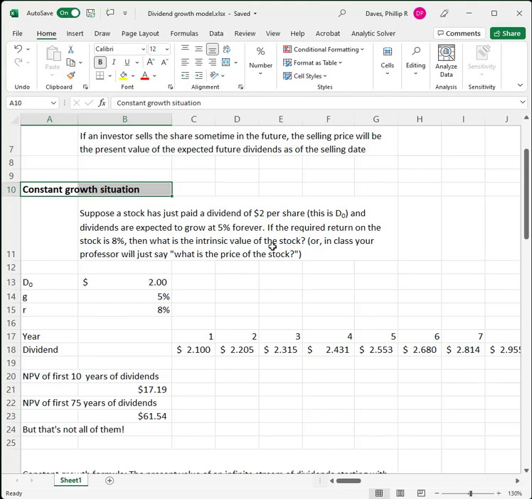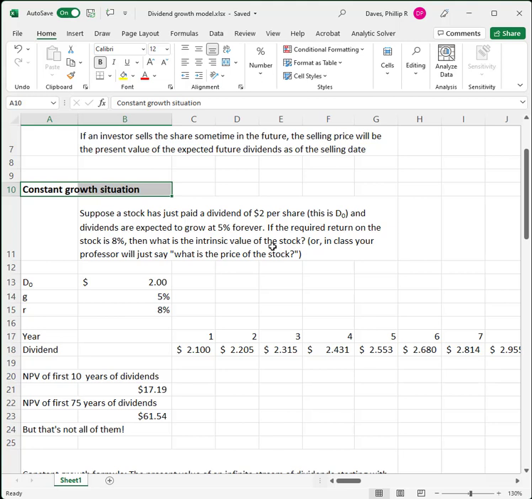And let's assume that dividends are expected to grow at 5% forever, and that the required return on this stock, meaning the discount rate that you use for finding present values of it, is 8%. And the question is, what's the intrinsic value of this stock given that information? Or in your class, or my class even, or later on in this discussion, I might very well just say, what's the price of the stock?